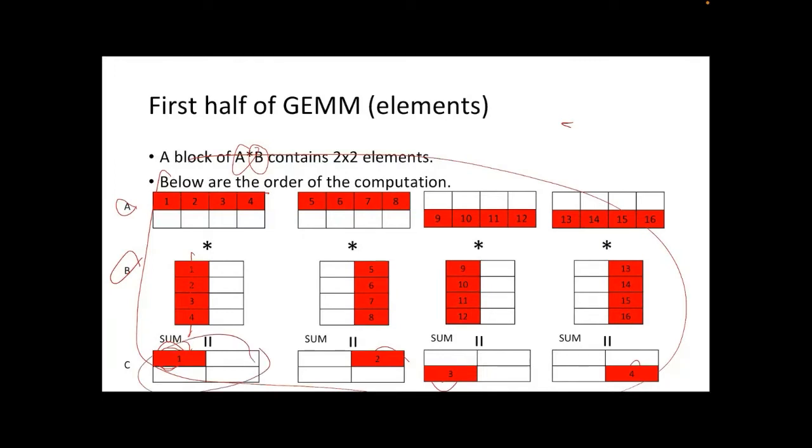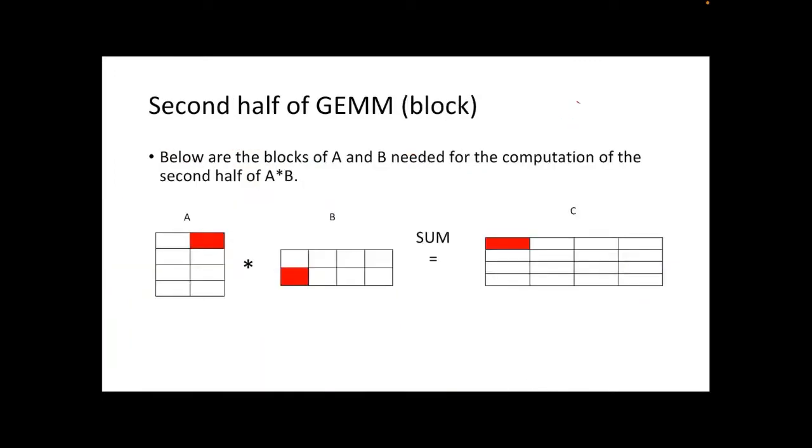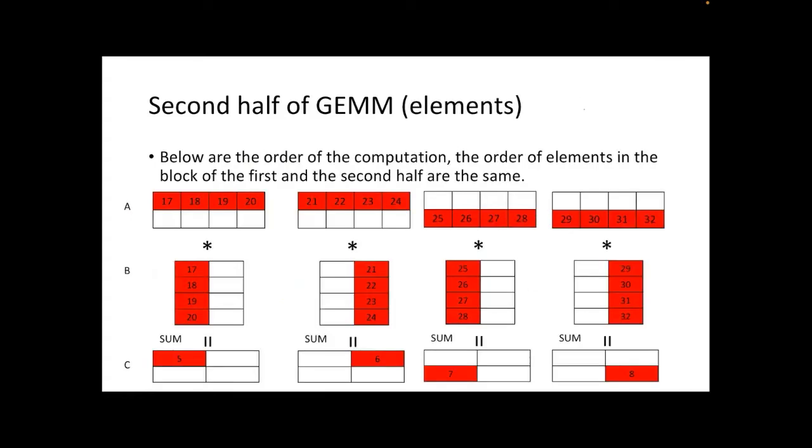And where is the second half? The second half is you need this one and this one to get the second half of this. Okay, so the next one, this time this will get this, which is the second half, and you repeat it to complete the other three elements.